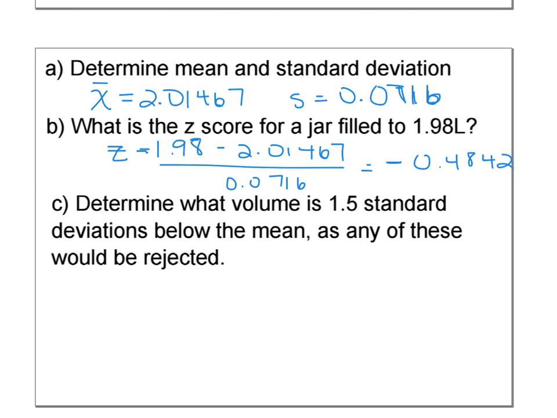So what that tells us is that that particular jar that was filled to 1.98 liters is below the mean by 0.48 standard deviations.